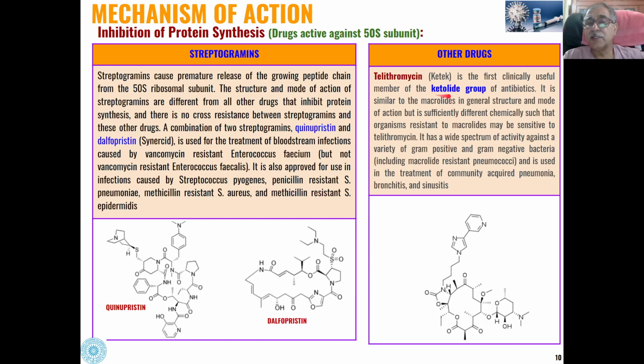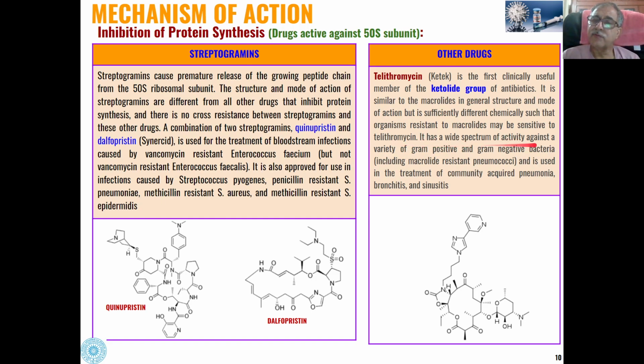Then another group of antibacterial compounds is the ketolide group of antibiotics. They are also clinically very useful. Telithromycin. This is the structure of telithromycin. The structure is similar to macrolides, but their mode of action is sufficiently different chemically, such that organisms resistant to macrolides may be sensitive to these types of ketolide group drugs, that is telithromycin.